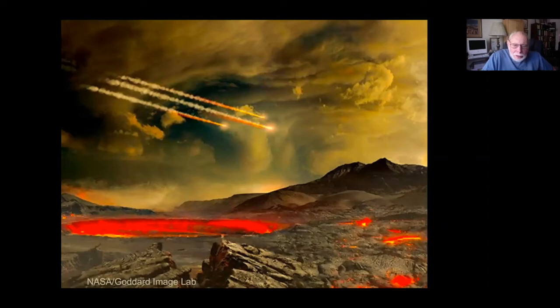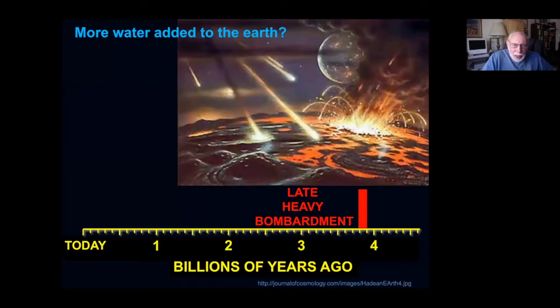As we go a little bit later and get into about 3.8 billion years, we get into a time when comets and a lot of bombardment was coming in from outer space. And this could have added more water to the Earth. It's called the late heavy bombardment.